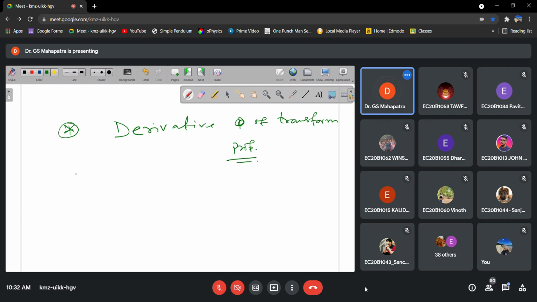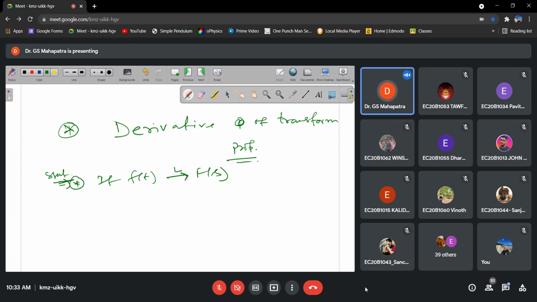First I will write the statement, statement only. Now, if f of t is a function whose Laplace transform is capital F of s, in that way I am writing.